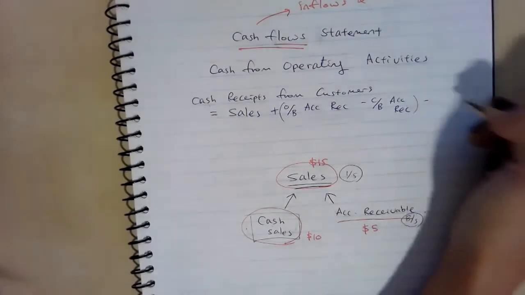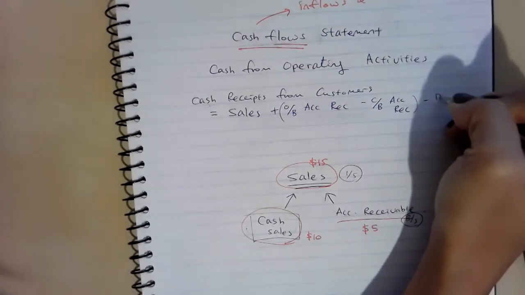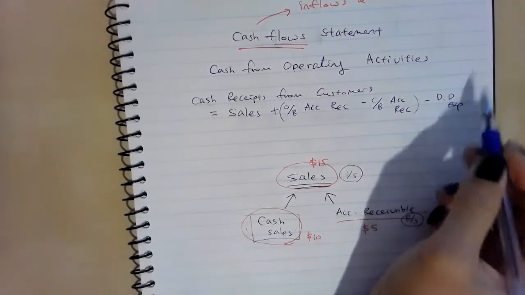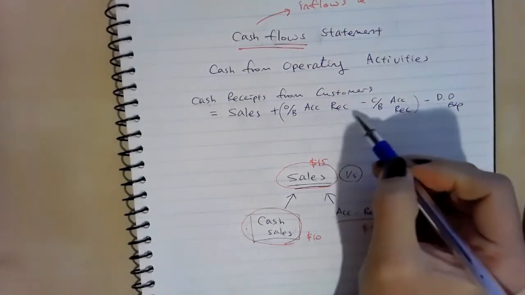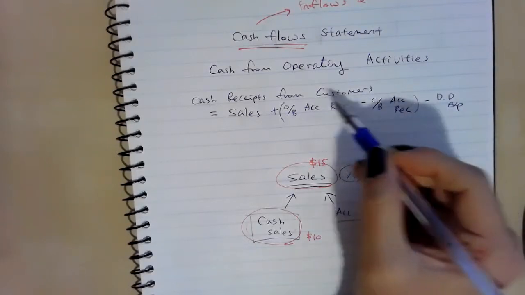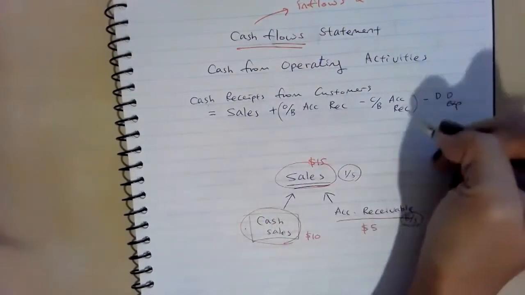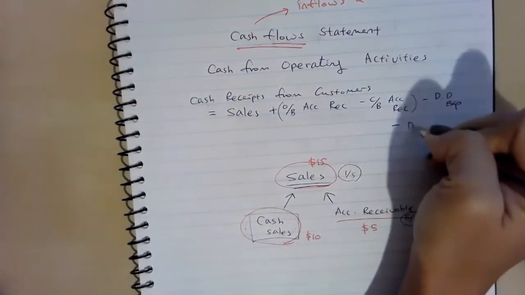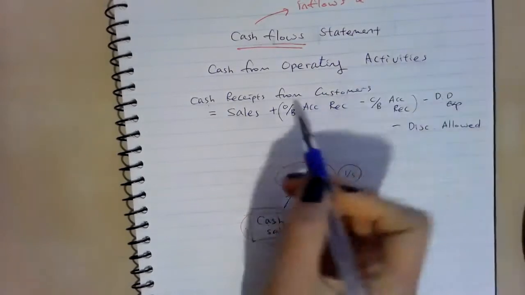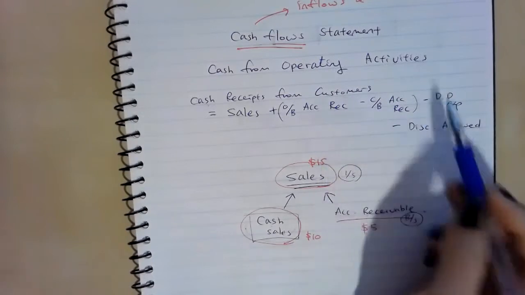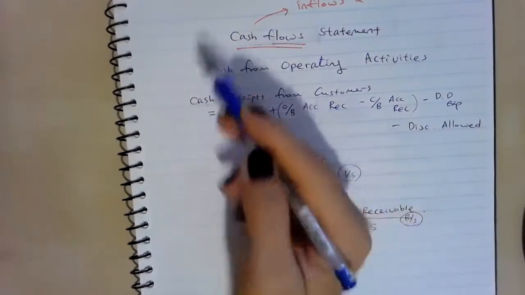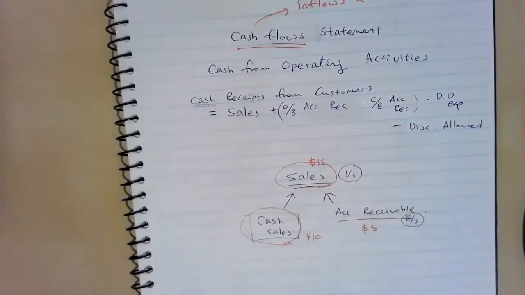And if there were any bad debts or doubtful debts, we'll exclude that, because doubtful debts mean that whatever credit sales they made, they're not going to receive that much. So it will reduce the cash receipts. And we also exclude discount allowed, because if they gave discount to their customers, that means they are not receiving that much cash, because we're looking at cash receipts.